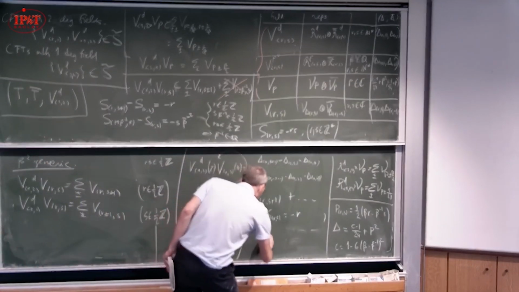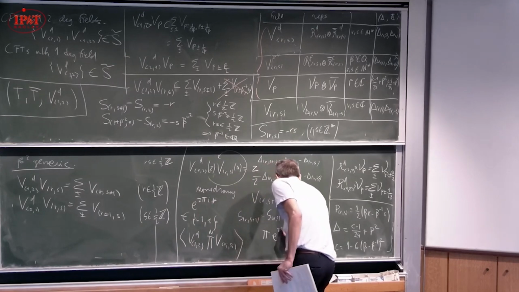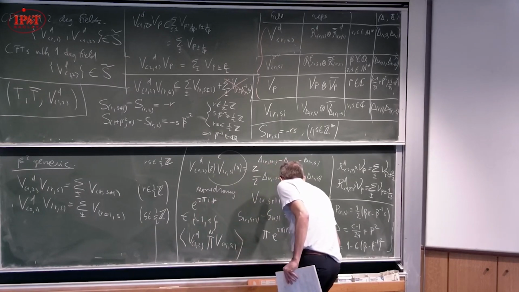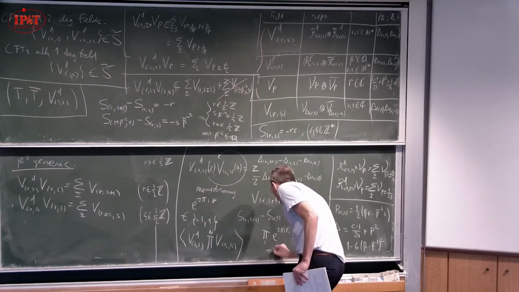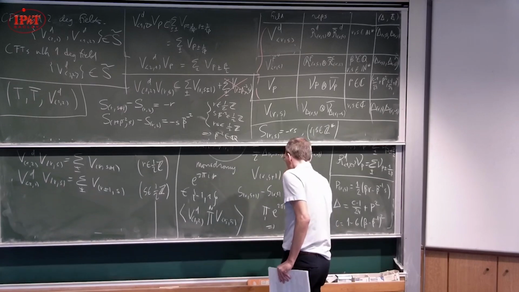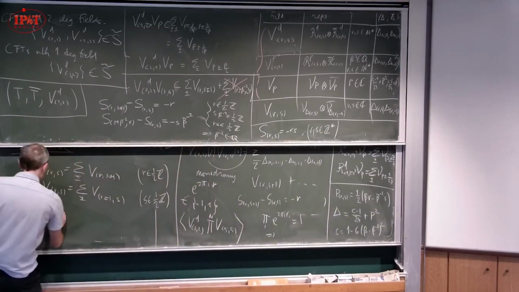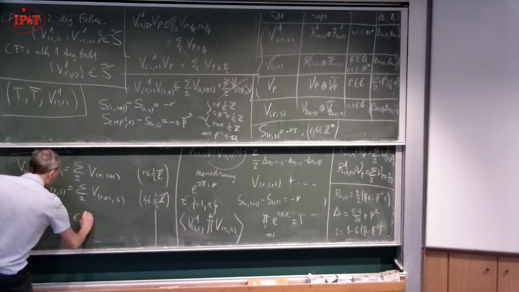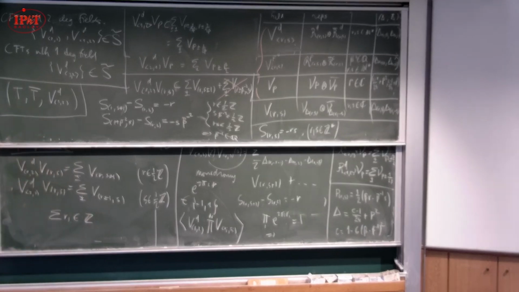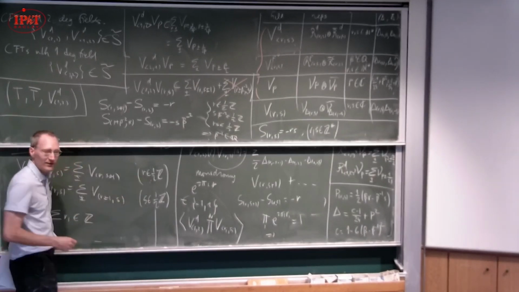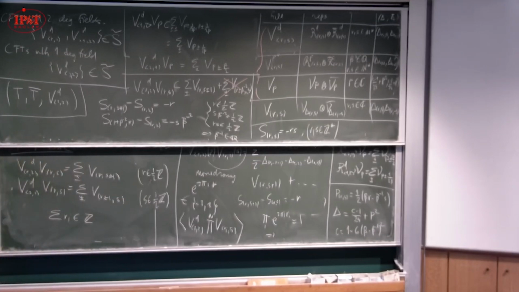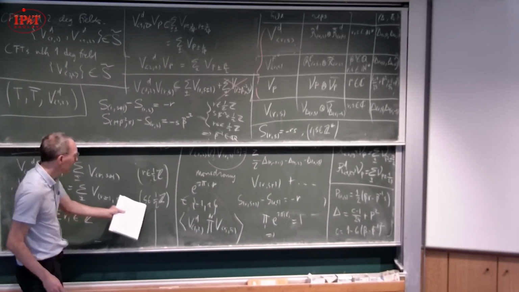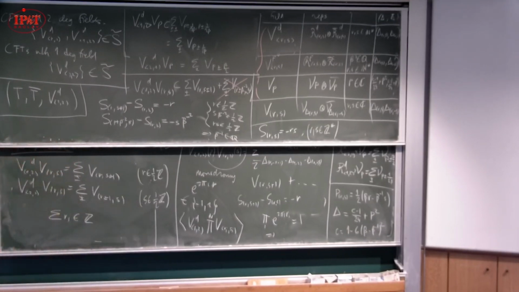And so the product of e to the 2 pi i R_i is 1. So this implies that the sum of the R's should be integer. So basically R can be half integer, but it has to be conserved modulo integers. And similarly, in the second situation, the index S will be conserved modulo integers.